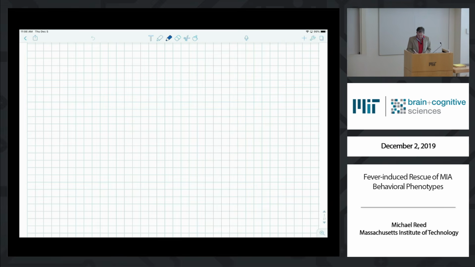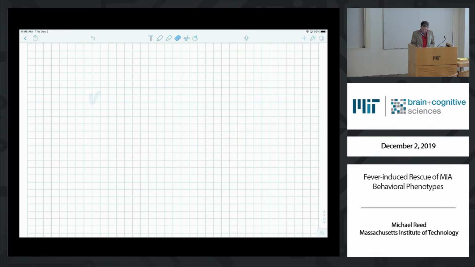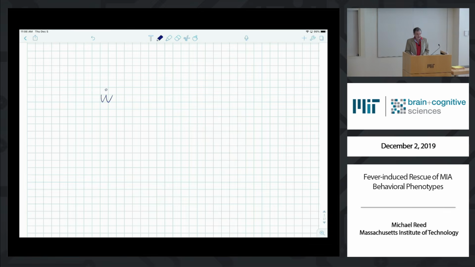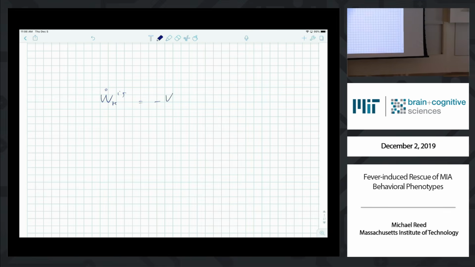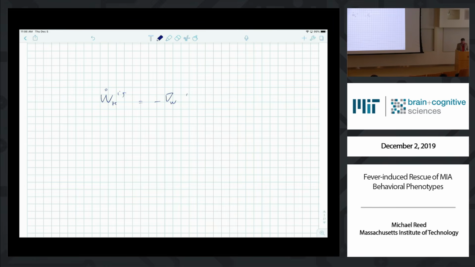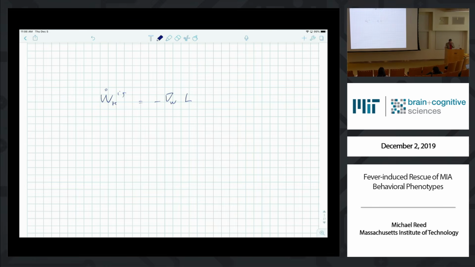As you know, what you have typically is that you're taking the gradient with respect to the weights of the loss function.